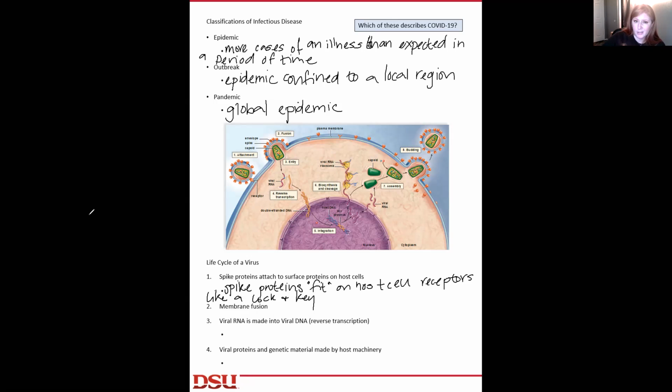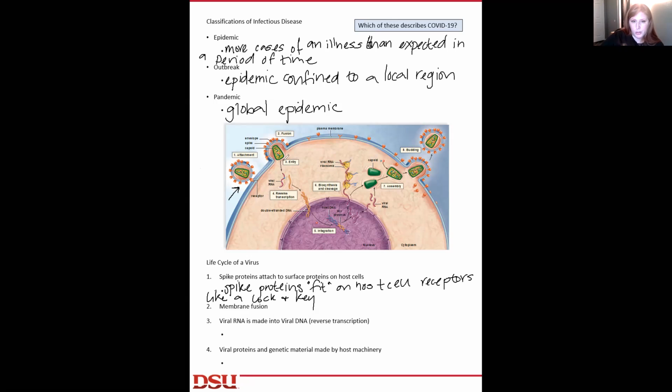They're really great at surviving. When this happens, which by the way is shown right here in the attachment phase, when attachment takes place, we move on to fusion. And this is where the membrane of the virus fuses with the membrane of the host cell.